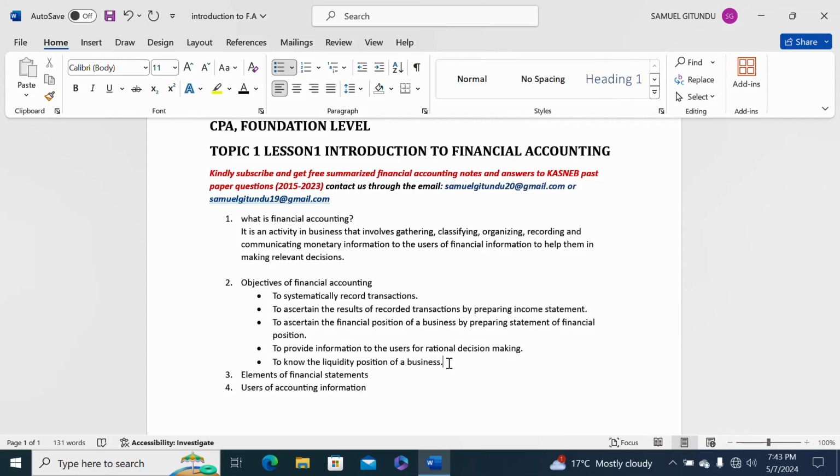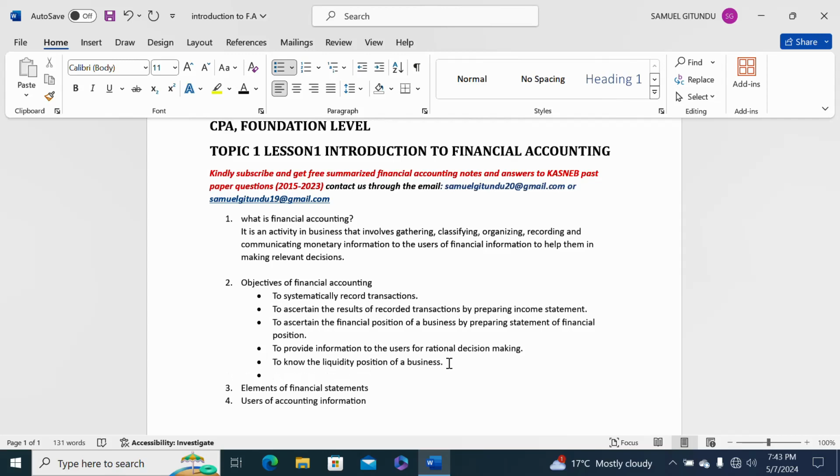At this juncture, I don't want you to worry about what current assets and current liabilities are, because this is just the introduction. We are going to discuss them in the next topic.